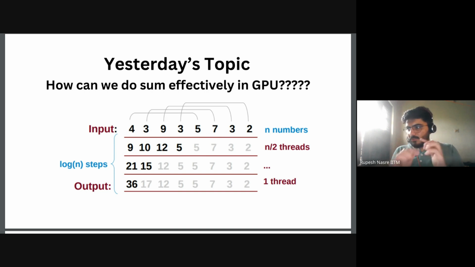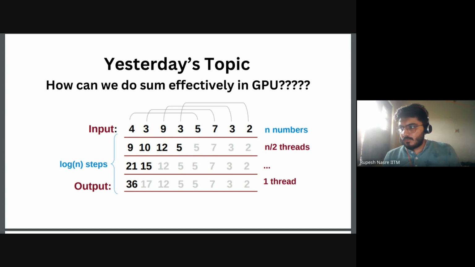Every time you will initialize some array by n and then divide it by 2 each iteration, right? That's what you mean by the bisect method, right? So yes, that is correct. That is what we are basically doing.